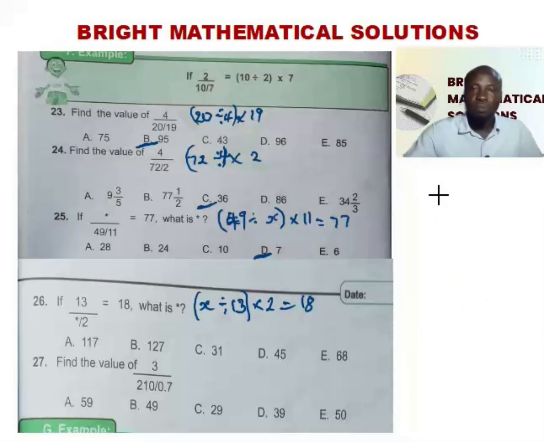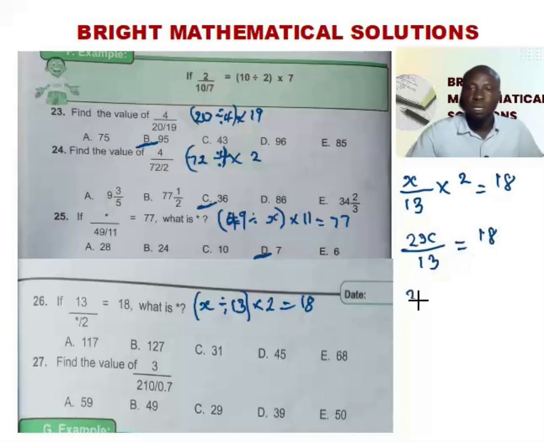So let us write x divided by 13 multiplied by 2 equals 18. If we multiply, this gives us 2x divided by 13 equals 18. When we cross multiply, that is 2x equals 18 multiplied by 13.